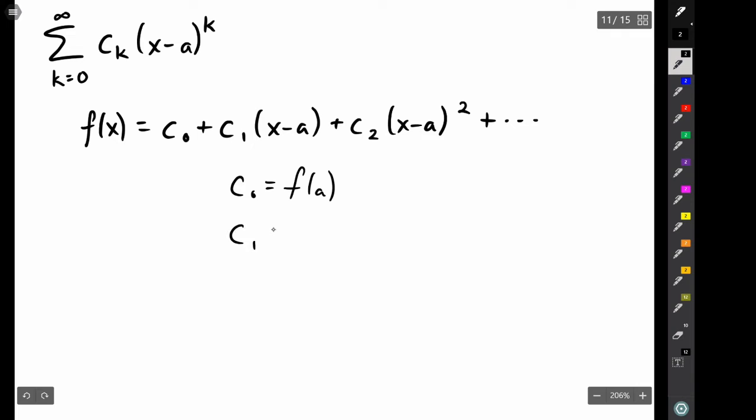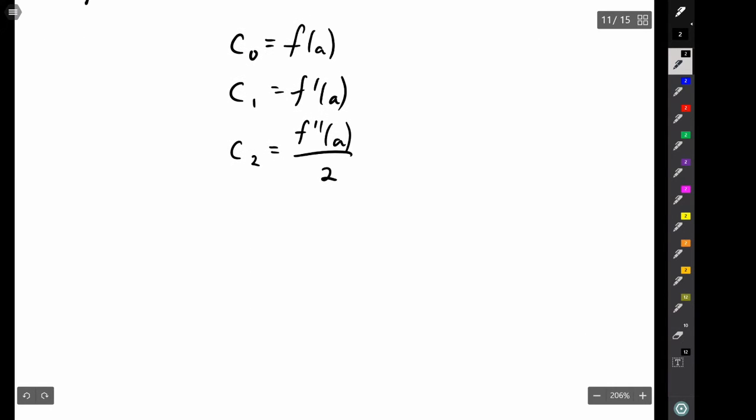You'll find that c1 is f prime of a. You'll find c2 is going to be f double prime of a over 2, and so on. Right? You're going to find that exact same pattern as you go through. So generally speaking, the kth coefficient of a Taylor series is going to be the kth derivative at a over k factorial here. All right?